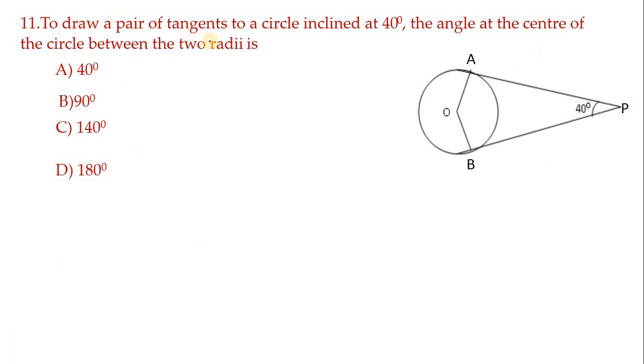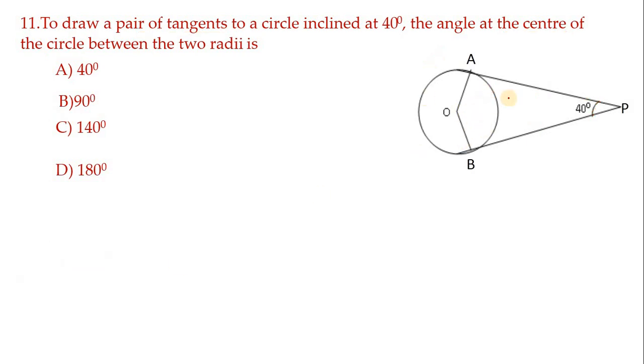Here they are saying to draw a pair of tangents, meaning to this circle they are drawing two tangents, PA and PB, and these two tangents make an angle of 40 degrees, meaning the inclined angle of the tangents is 40 degrees. Now we have to find the angle at the center of the circle between the radii, this angle.